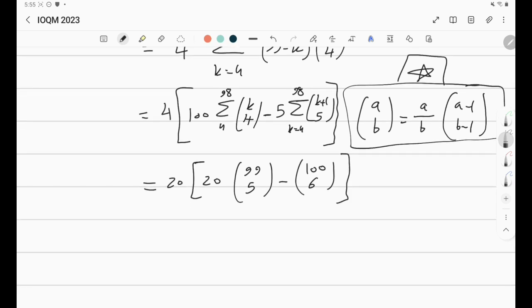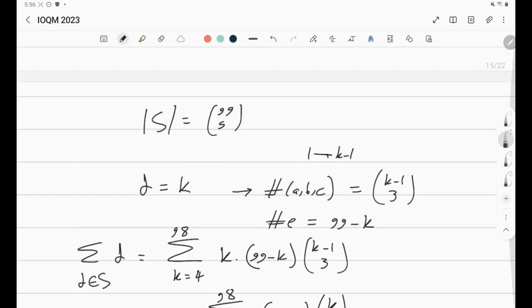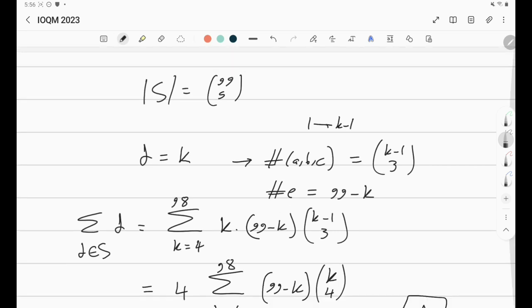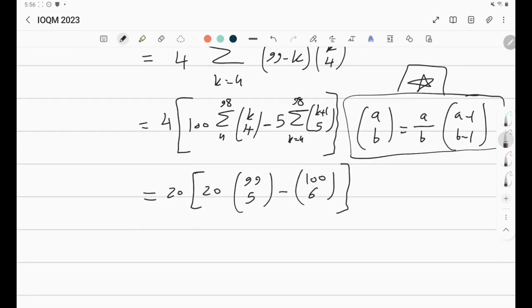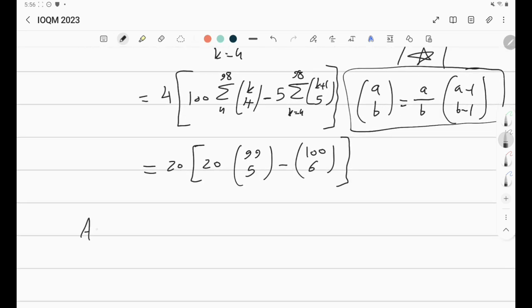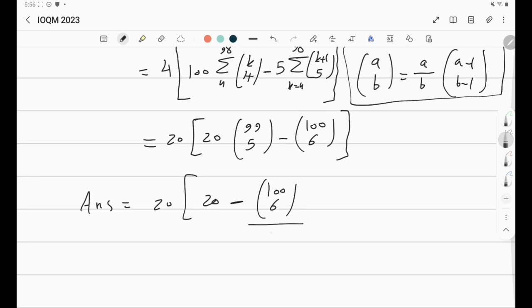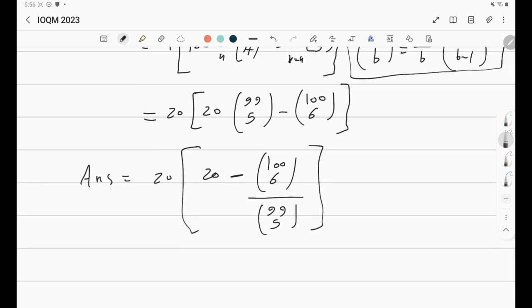Okay, very good. This is just the numerator, and now we need to divide it by that. You will see that this will cancel. So basically the answer is going to be 20 minus (100 choose 6) divided by (99 choose 5). What's that? If you put the combinations for that, then everything will cancel.